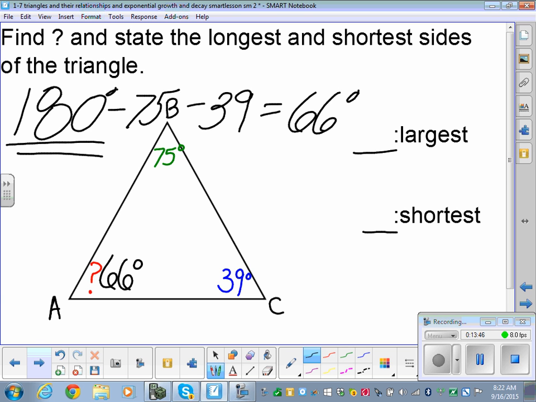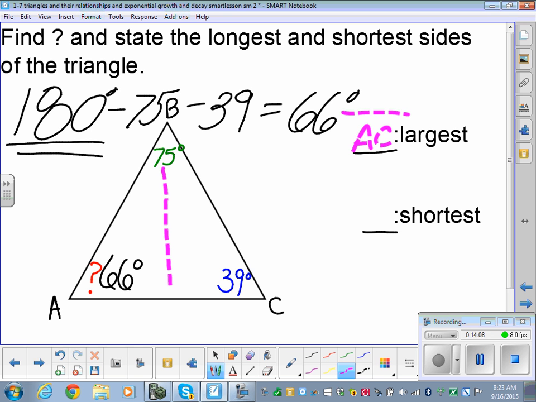So we're good. Okay, what is the largest? What's the largest side? Side AC. How'd you know that? 75 degrees. Okay, perfect. So 75 degrees you said is the largest angle, and that's across from side AC. So side AC must be the largest side.